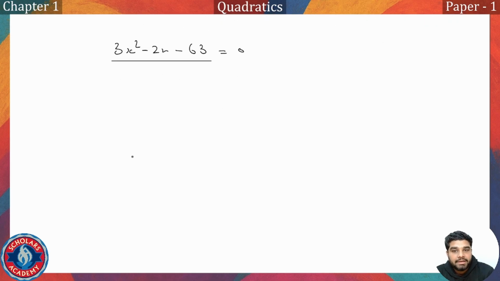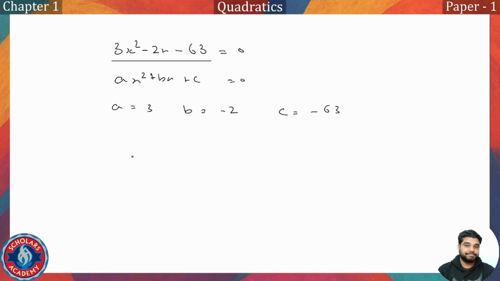So comparing it with the general equation, ax square plus bx plus c is equal to 0, we get a is equal to 3, b is equal to -2, c is equal to -63. These are the values of a, b and c.